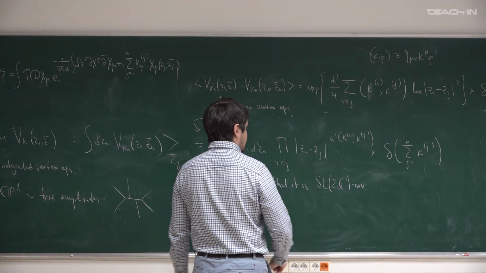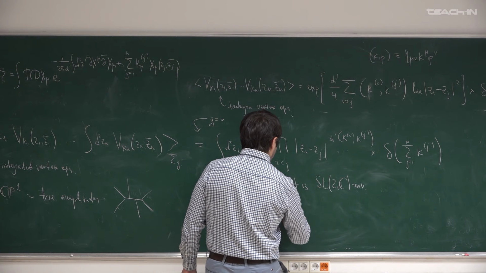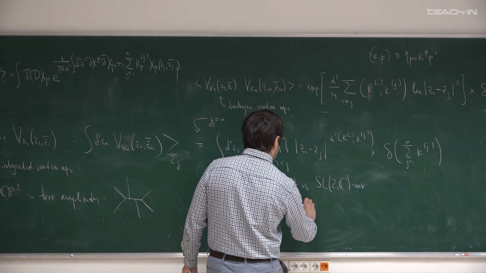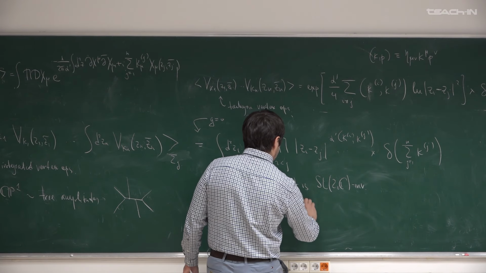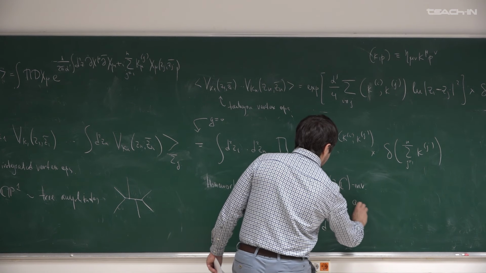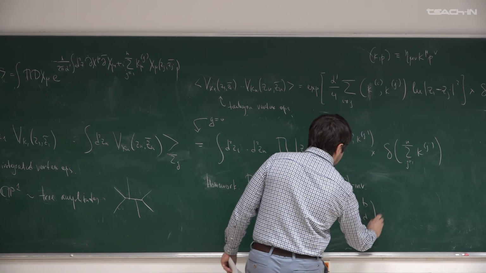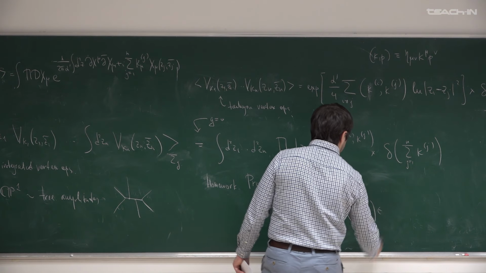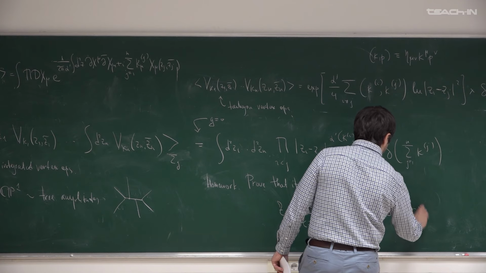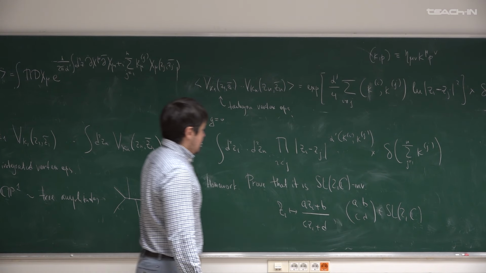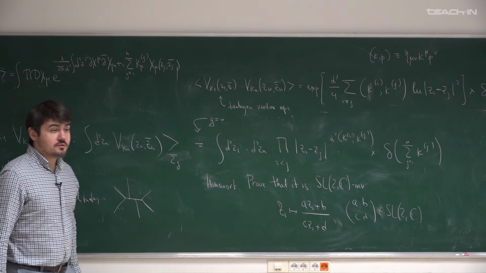SL2C invariant means we have an action of SL2C simultaneously on all of the points. So you do a change of variables everywhere here, and you prove that this is invariant.